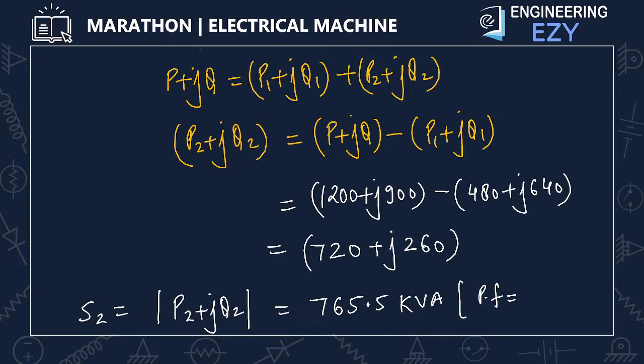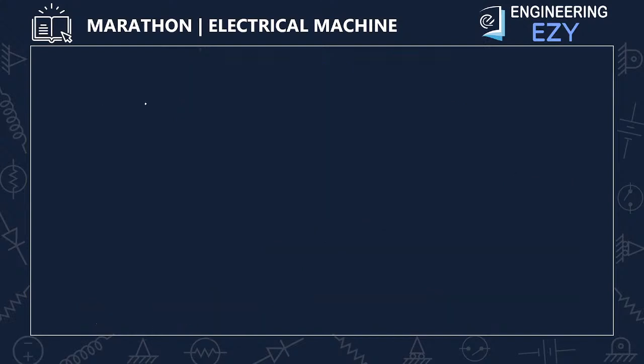Abhishek Ashok has also given 963. I think 963 is not the correct answer. You should check the calculation, because if you take the modulus, S is equal to under root P square plus Q square. Everyone knows this. If you use this formula, you can calculate the overall load.